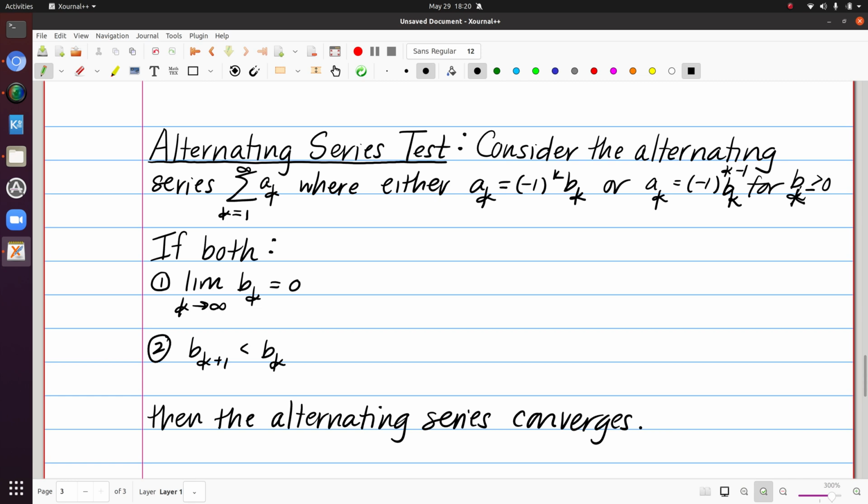All that means is I'm breaking my terms into two pieces. One tells me the sign of the term, that's the negative 1 to the k, or the negative 1 to the k minus 1. And the rest of it, the positive b sub k, tells us the magnitude of the term.